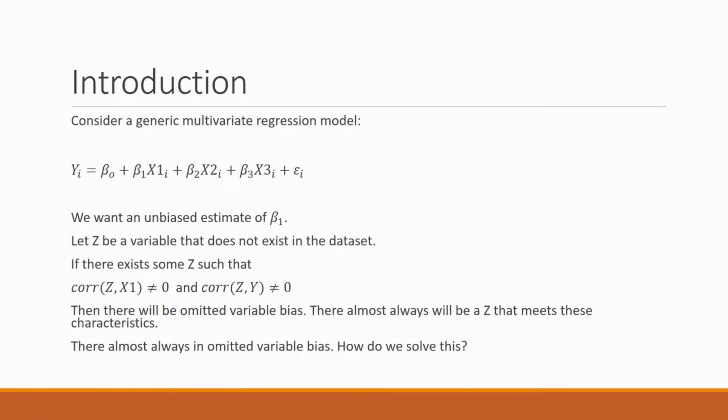Remember, there are two conditions that need to be met for there to be omitted variable bias. The omitted variable z needs to be correlated with your independent variable of interest, and the omitted variable z needs to be correlated with your dependent variable. Both conditions need to be true to have omitted variable bias.